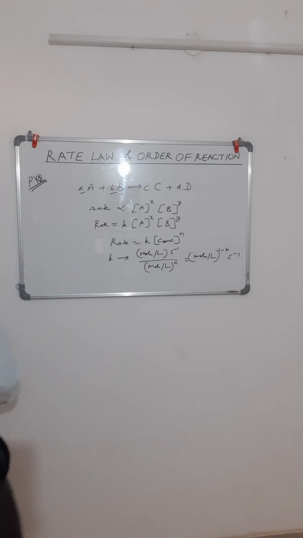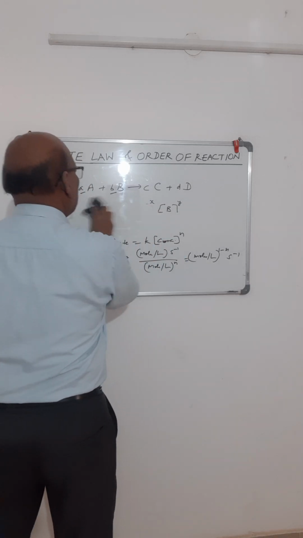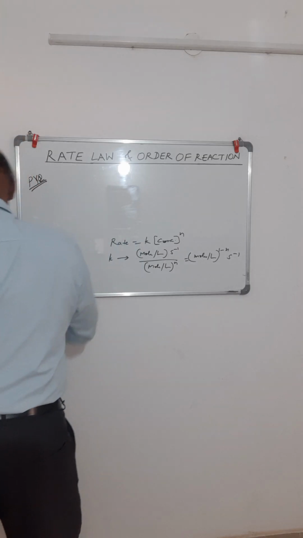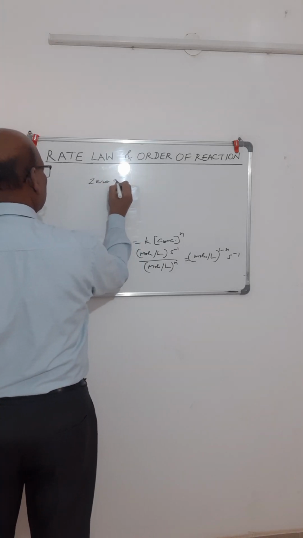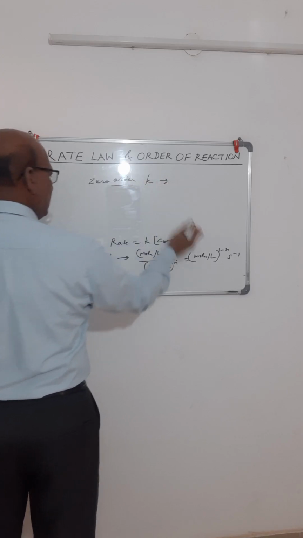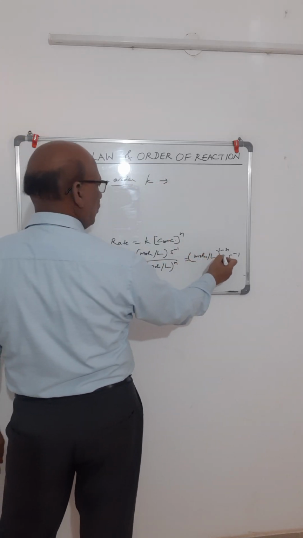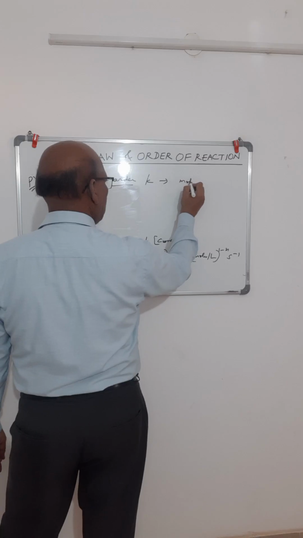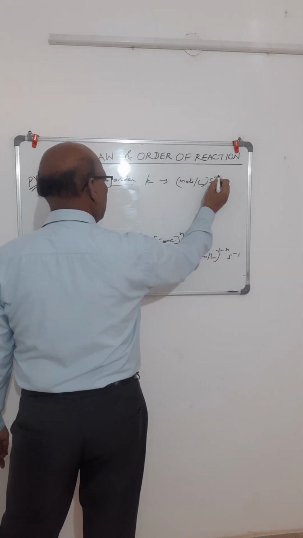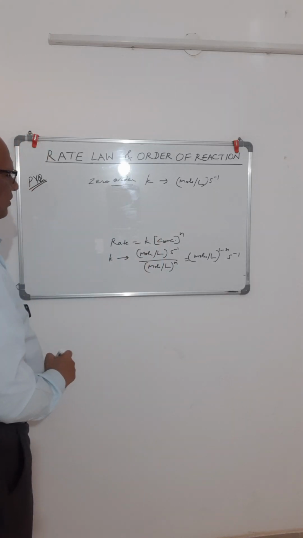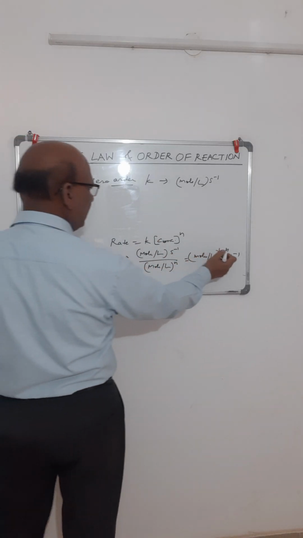Okay, suppose I want to write the units of k for zero order reaction. So this is a zero order reaction, then what will be the unit of k? That will be nothing but moles per liter into second inverse. That is the same as the unit of rate. Okay, we put n equal to 0.